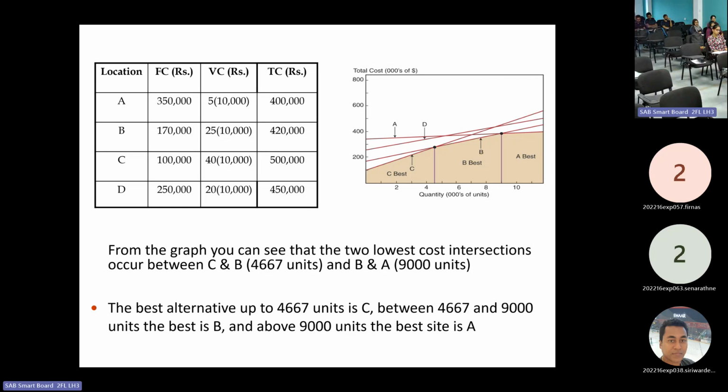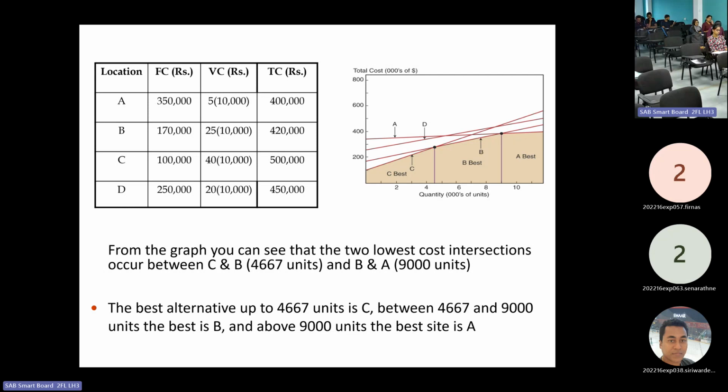Location A cost curve, and this is D, and this is B, and this is C. Algebraically, by looking at it, we identify for different quantity levels which location would result in low cost. Right. So, for example, say from 0 up to this point, 4,667 units.